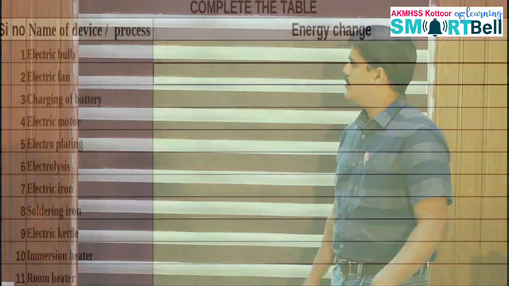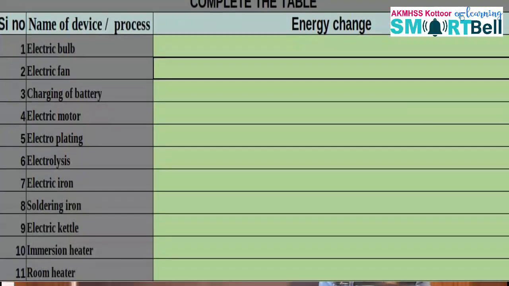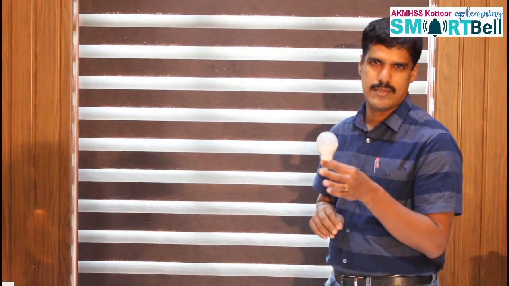So here you can see electric bulb as the first device. This is one electric bulb that I bought. This one is an LED bulb. So device name: electric bulb. Corresponding to that, here on the right side you need to write the energy change associated with this device.